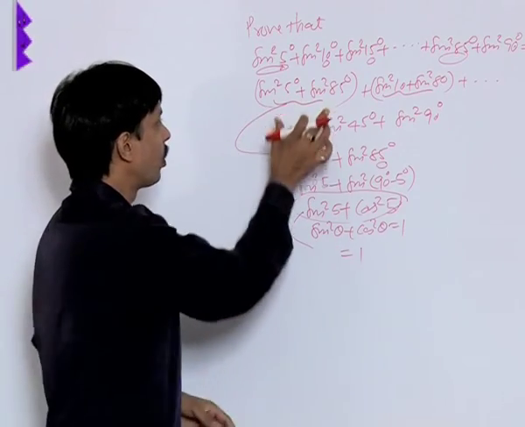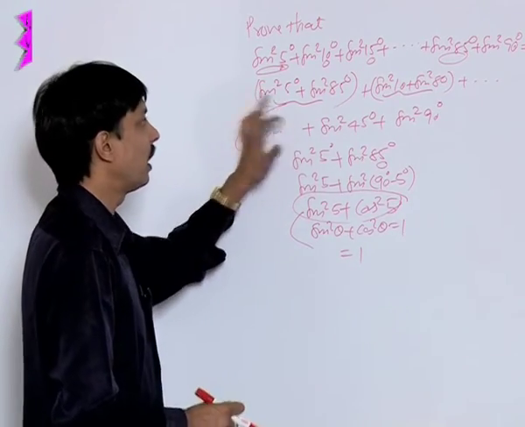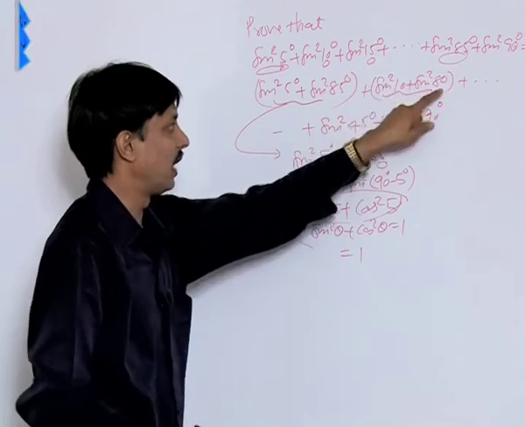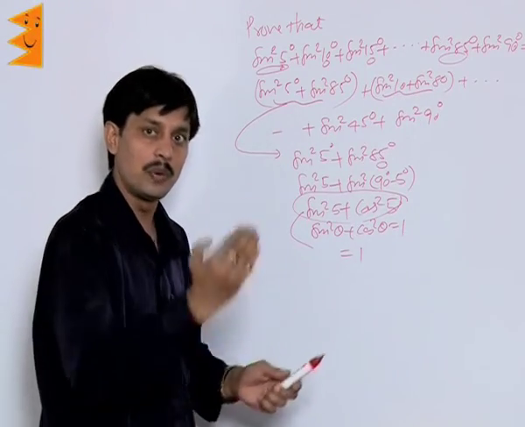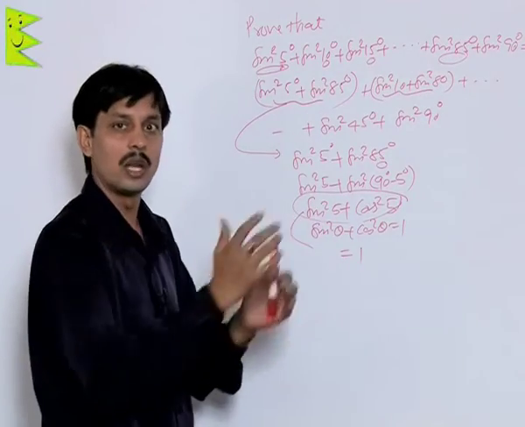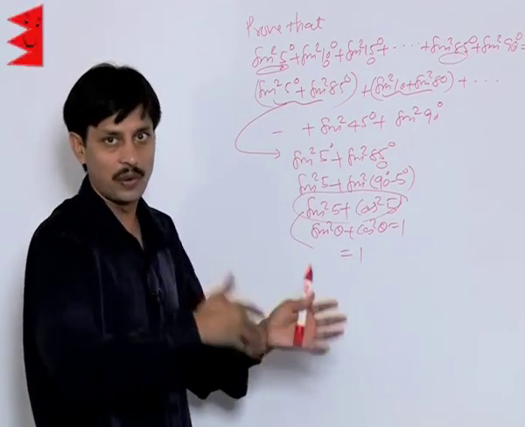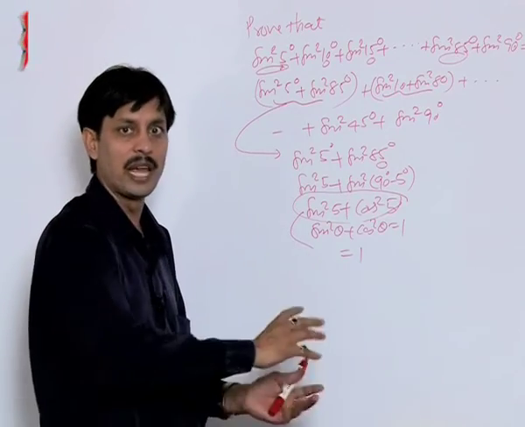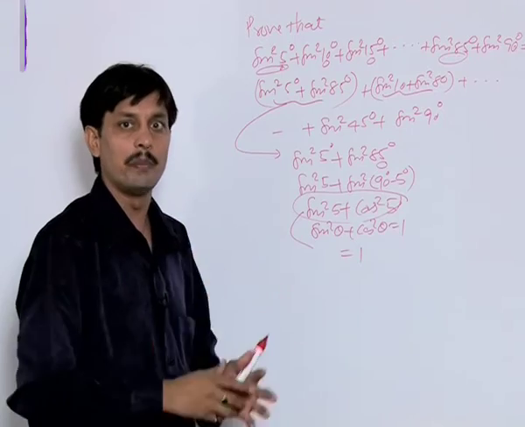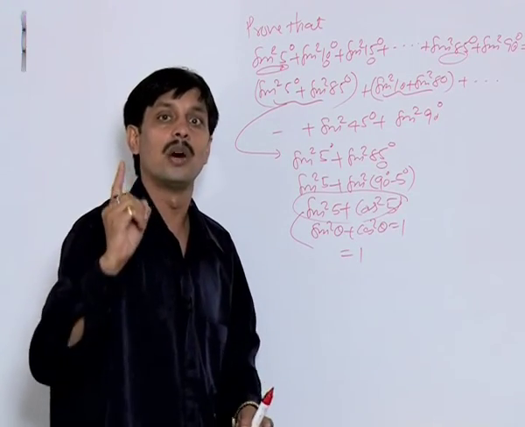So how many combinations of complementary angles are possible here? 8. One is sine square 5 and 85, another 10 and 80, next is 15 and 75, next is 20 and 70, next is 25 and 65, next is 30 and 60, then 35 along with 55, and out of all these 8 combinations, each will give us the result 1.